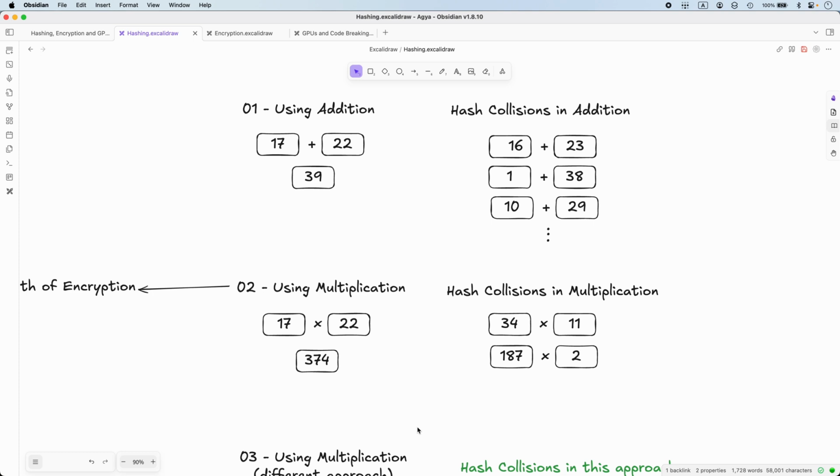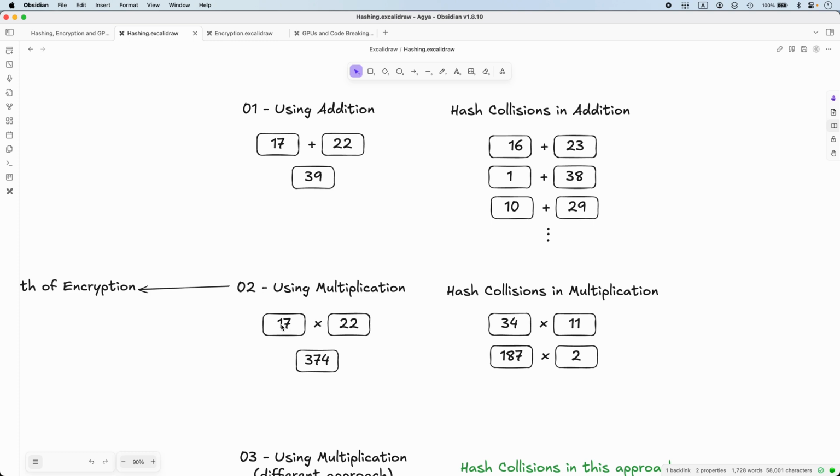It's still not good. If you know that this is the result and the algorithm is multiplication, you have got three ways of achieving it. Think about it as a password, right? Usually hashing is used to protect passwords. Passwords are not stored as you input them. They are transformed, hashed, and then stored.